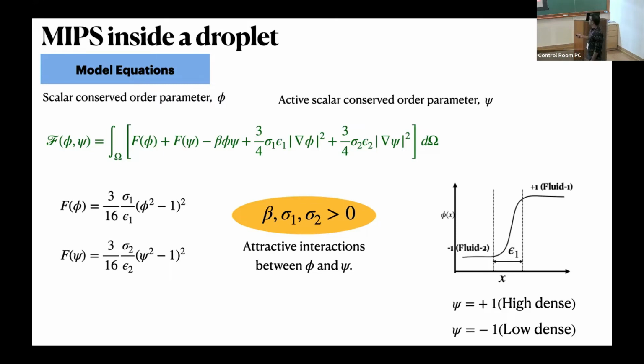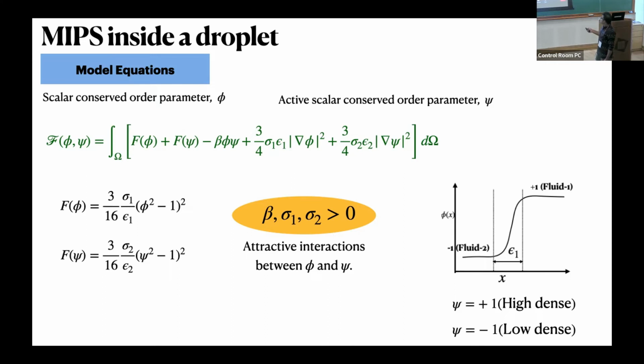This is your double well potential, like in model H, for the phi field, and similarly we write down the psi field, and there is a coupling term between phi and psi, with coupling coefficient beta greater than 0, which ensures there are attractive interactions between phi and psi.